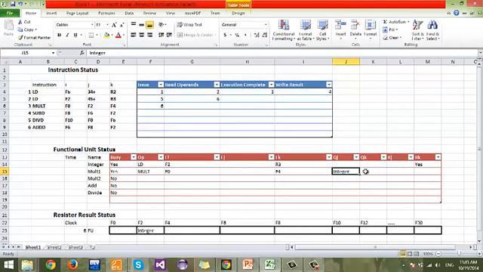Okay, and qk, then rj ready? No, rj is not ready. Fj, rk, yeah, rk is ready. See, we don't have all the operands needed for mult operation. What should we do?